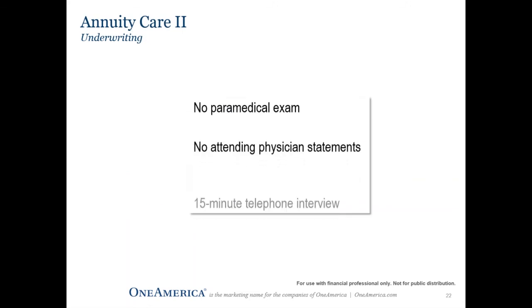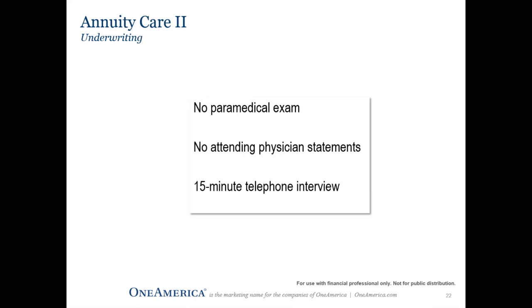So it's going to be questions like, who's the president? What day of the week is it? Can you count forward by 3s or backwards by 2s? But this 15-minute telephone interview is, at least in my mind, one of the single most liberal sets of underwriting processes you're going to find in the business.